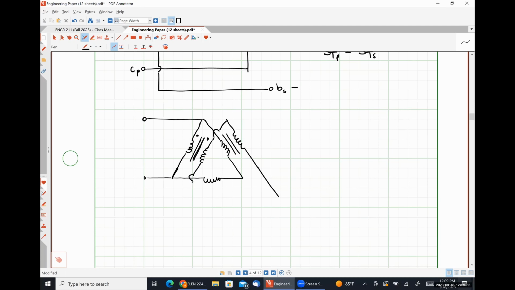This guy jumps over here. Let's see, dot, dot, dot, dot.